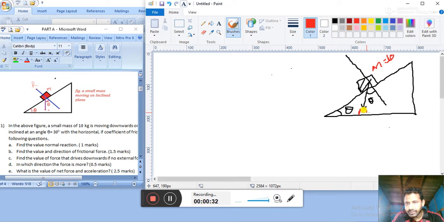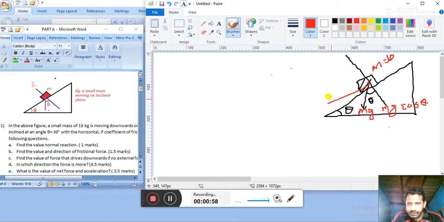We know mg will act making some angle with the vertical, so this will be mg cos theta. Let me write it down. Mg cos theta. And here should be one value, the component perpendicular to this.